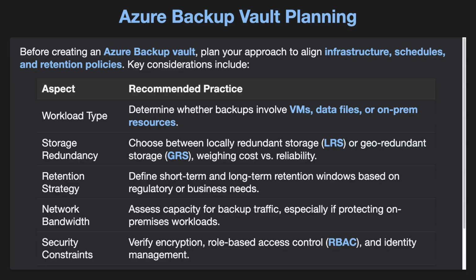Retention strategy: define short-term and long-term retention windows based on regulatory or business needs. Network bandwidth: assess capacity for backup traffic, especially if protecting on-premises workloads. Security constraints: verify encryption, role-based access control, RBAC, and identity management. Align these elements with previously established Azure Monitor alerts so that any backup anomalies are flagged. This way, resource administrators can address issues proactively and maintain a robust data protection posture.